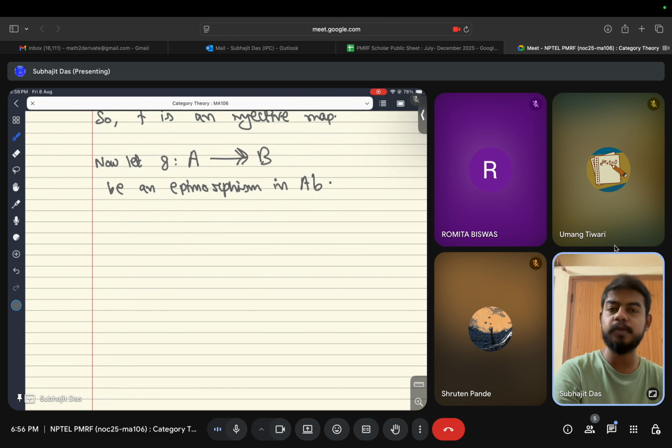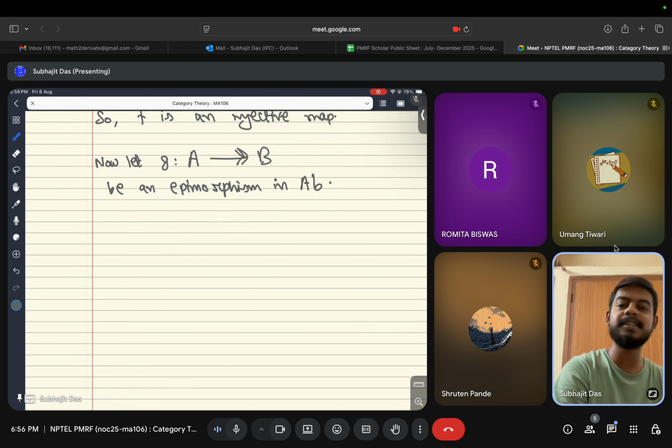So G is a group homomorphism. It has been given to be an epimorphism in AB. How do you show that G is surjective? To show that G is surjective, what you need to show is the image of A under G is exactly all of B. Now for any group homomorphism, the image is always a subgroup, that we know.